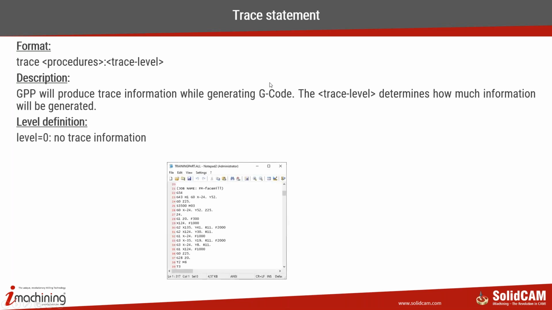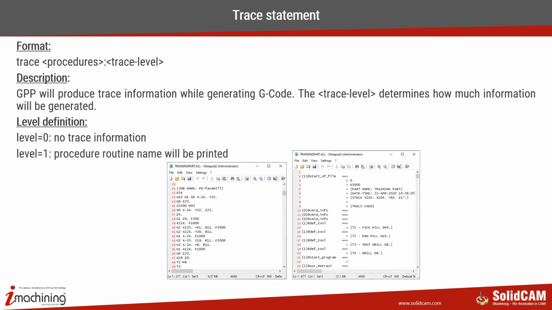So we have the trace level 0. It prints a basic G-code without any additional information. This you can run on the machine and this is what the customer gets. Trace level 1 is most commonly used for debugging, and it prints the routine name that is used by SolidCam.